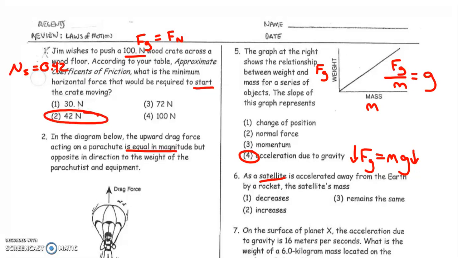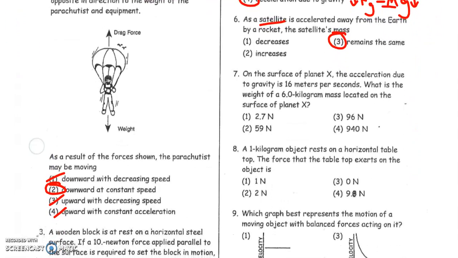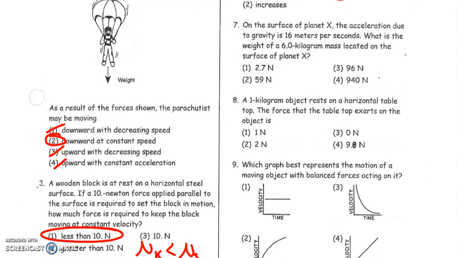But the mass is a measurement of how many protons, neutrons, and electrons a quantity has, and that amount is not going to change. The general takeaway from this is that mass will stay the same no matter where you are in the universe, whereas your weight will change from location to location.